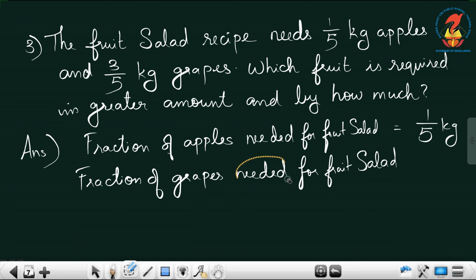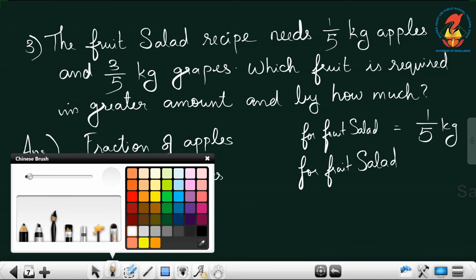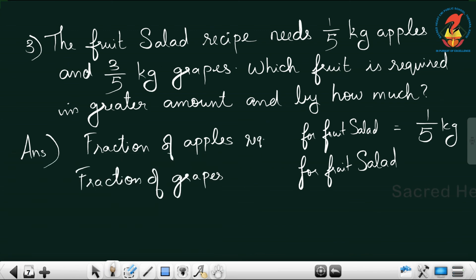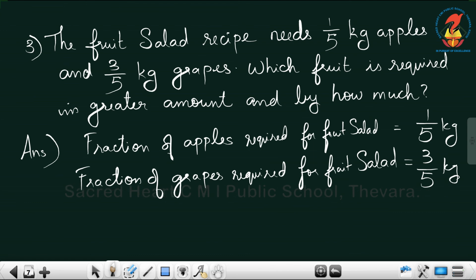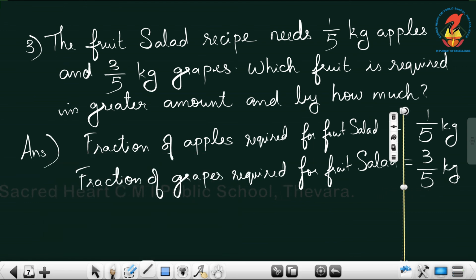Or you can write required for fruit salad, it's 3 by 5 kilograms. Now, here, which fruit is required in greater amount and by how much? So you write therefore, which fruit is required more? Is it grapes or apples? Yes, grapes is required more.